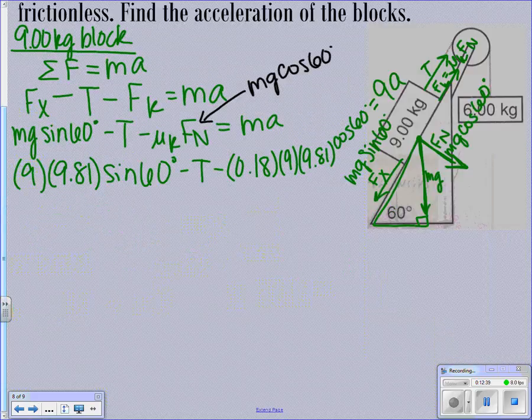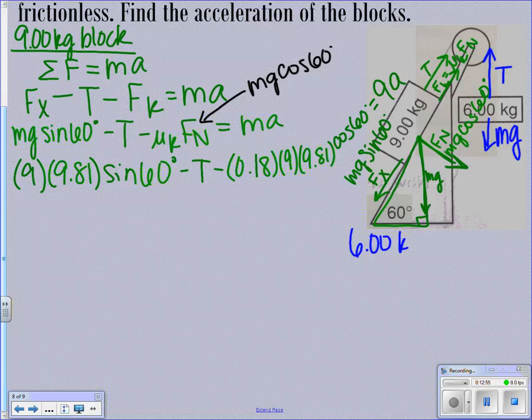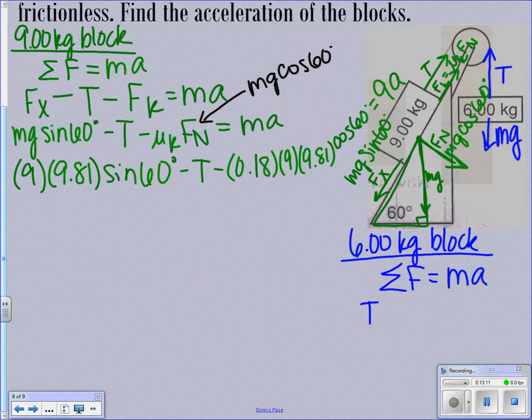Now if we look at the 6 kilogram block, we have the tension that's acting along the rope, going up, and then we have our weight, our mass under gravity, acting down. So for the 6 kilogram block, the sum of the forces equals mass times acceleration. Now on this one, the block is going up. So that means that the tension is going to be greater than the weight.